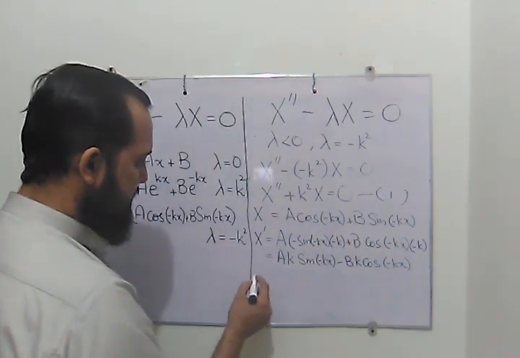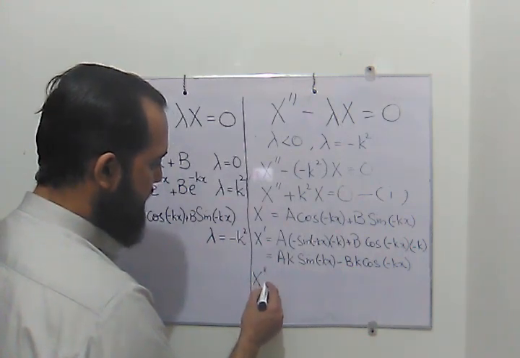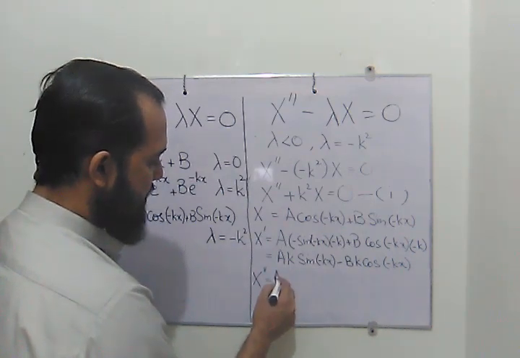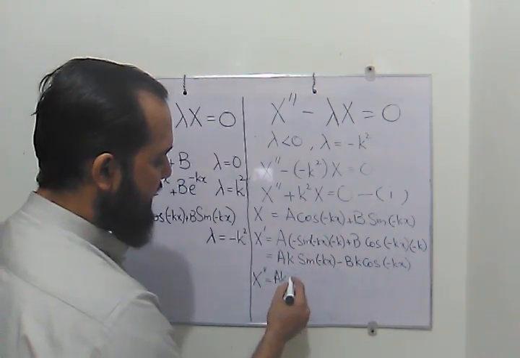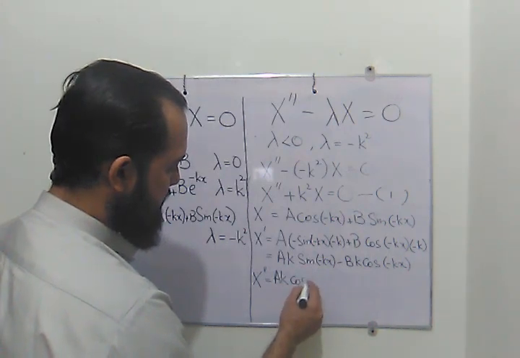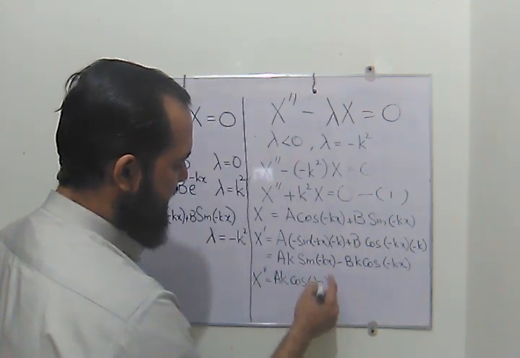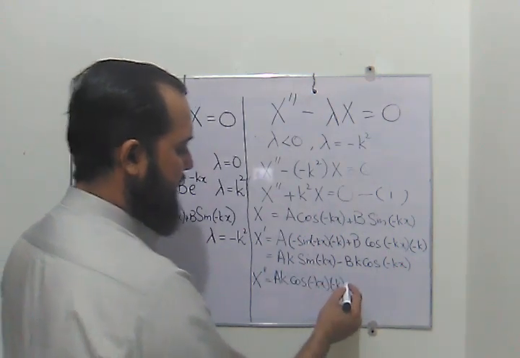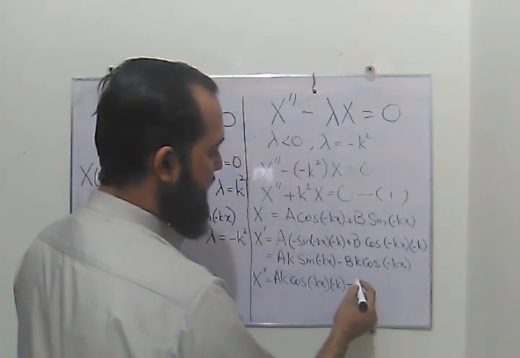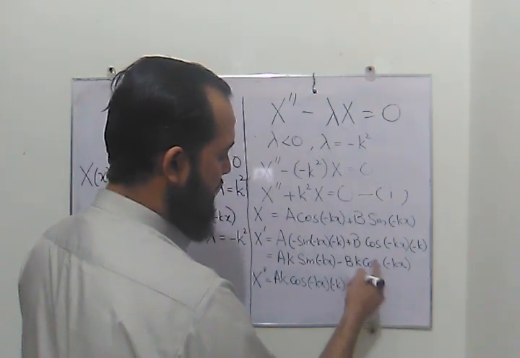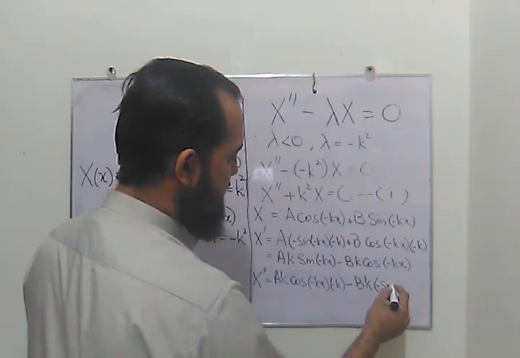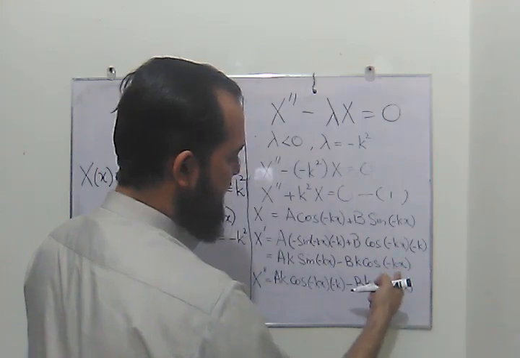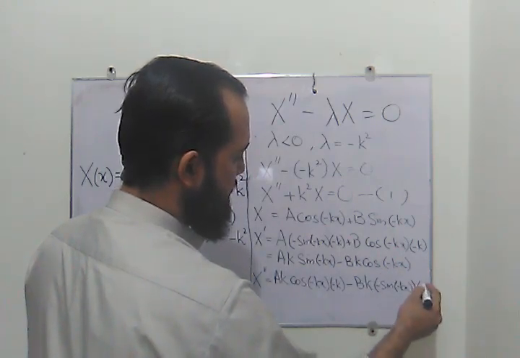Now we differentiate again. We will get x double prime. a and k are constants. They will be taken outside of the derivative and will remain the same. Sine will have the derivative of cos, so cos kx and the derivative of the angle, which is k. Then we have minus b and k taken outside of the derivative. Cos has the derivative of minus sine into kx, and the derivative of kx would be k.